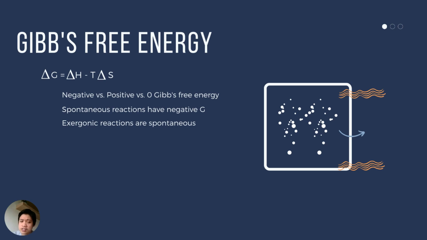You need to release energy into the environment. And by releasing energy to the environment, you satisfy the second law of thermodynamics, then your reaction will occur spontaneously. Because you released energy into the environment, you call that an exergonic reaction.